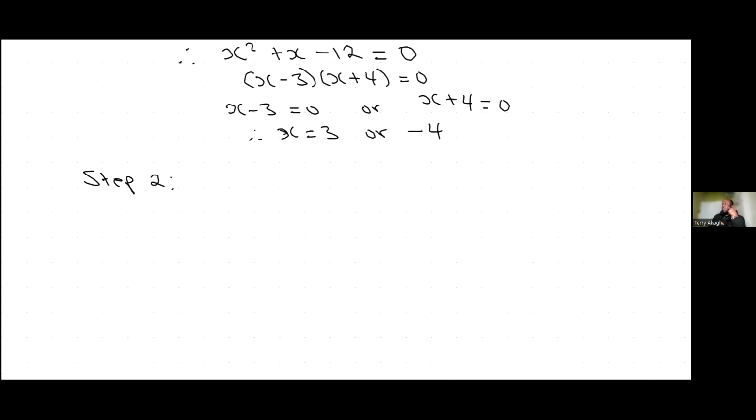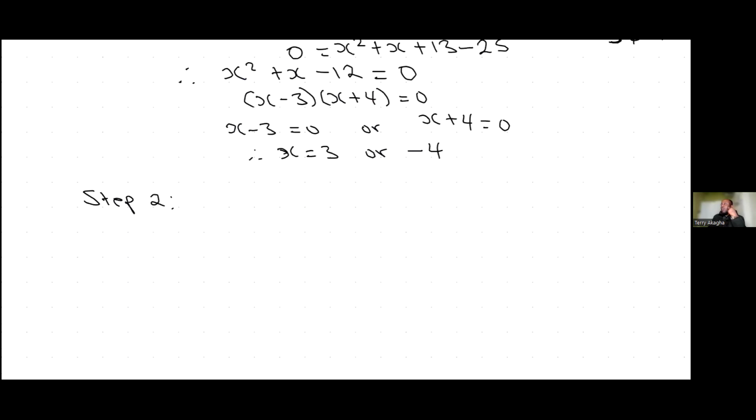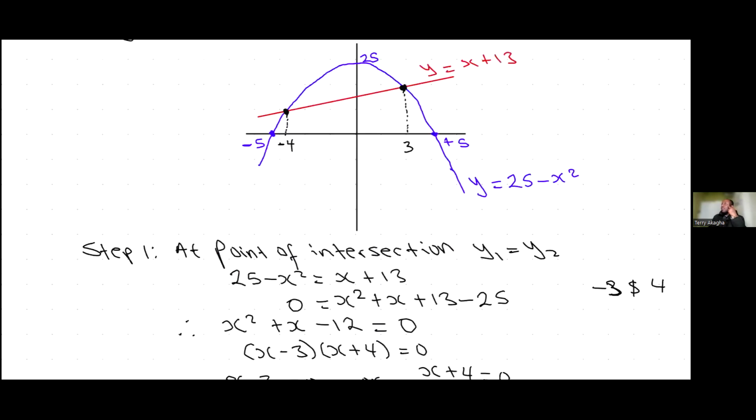Let's start with the line. We set it between the upper limit and the lower limit. The upper limit is 3, the lower limit is minus 4, and the line is x plus 13.